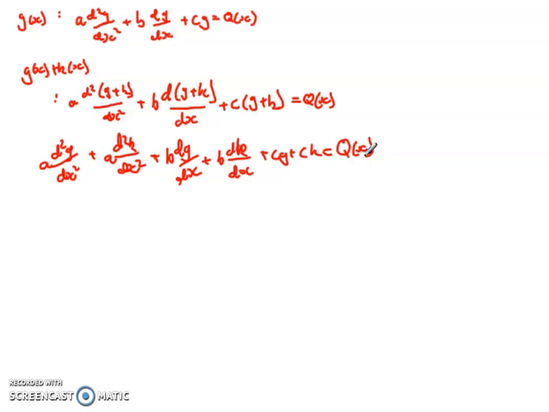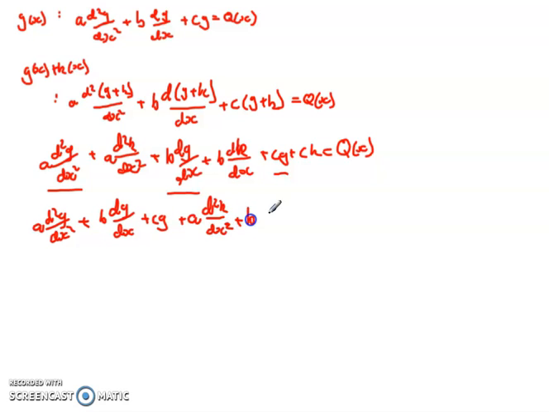Now if I look through this and start to gather terms together, I've got a d2g by dx squared plus b dg by dx plus cg. Then I can group the k's together as well, and I get plus a d2k by dx squared plus b dk by dx plus ck equals q of x.